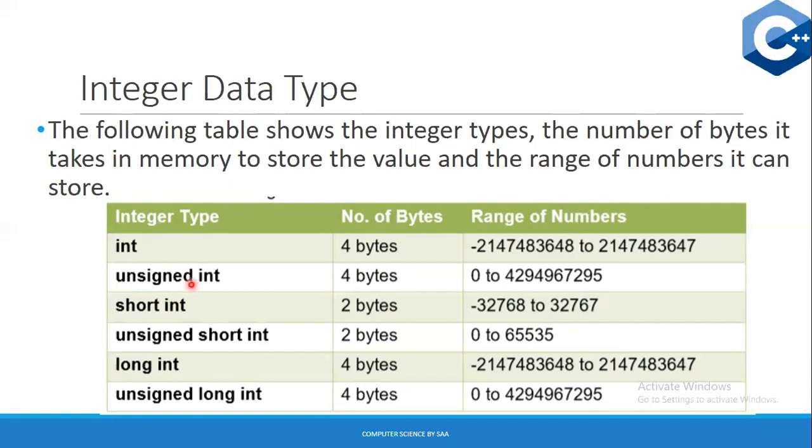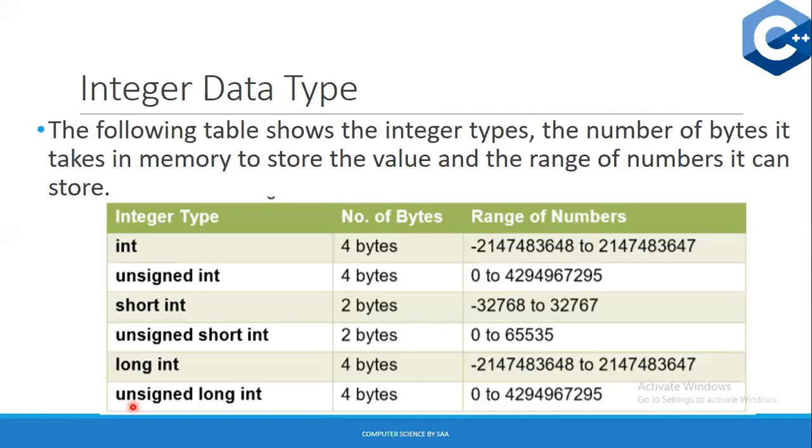Unsigned int can store only positive values. No negative values can be stored in an unsigned int variable. Same is the case with unsigned short int and unsigned long int. Unsigned means only positive values, no negative values. For negative values we have to show the sign, like -3.